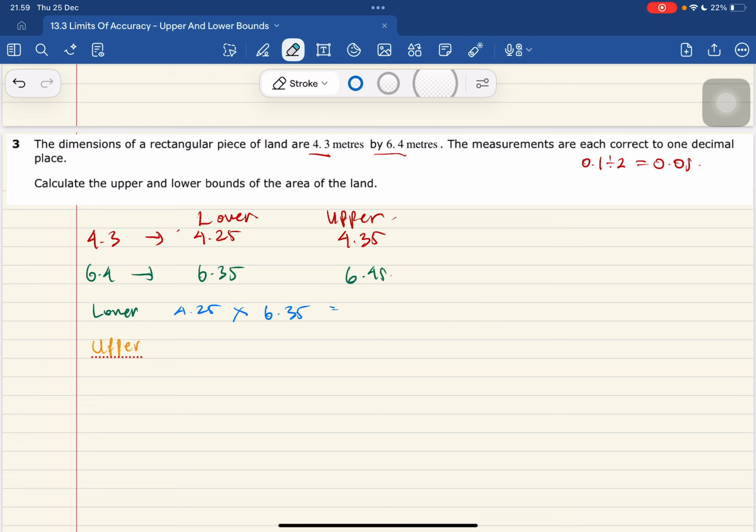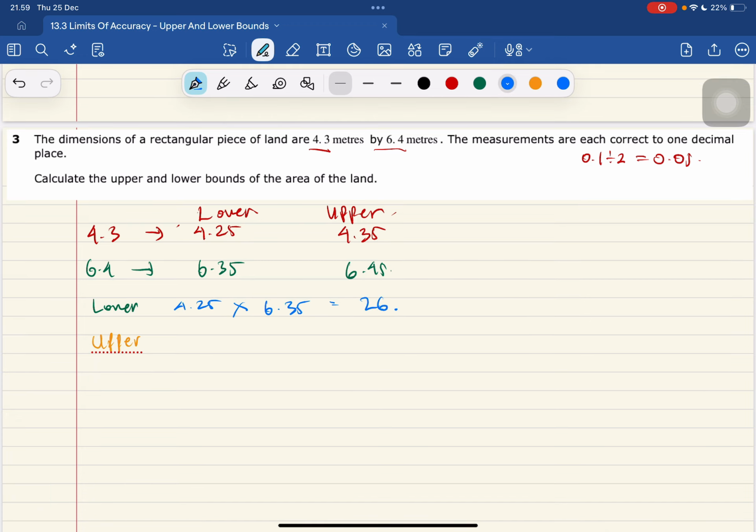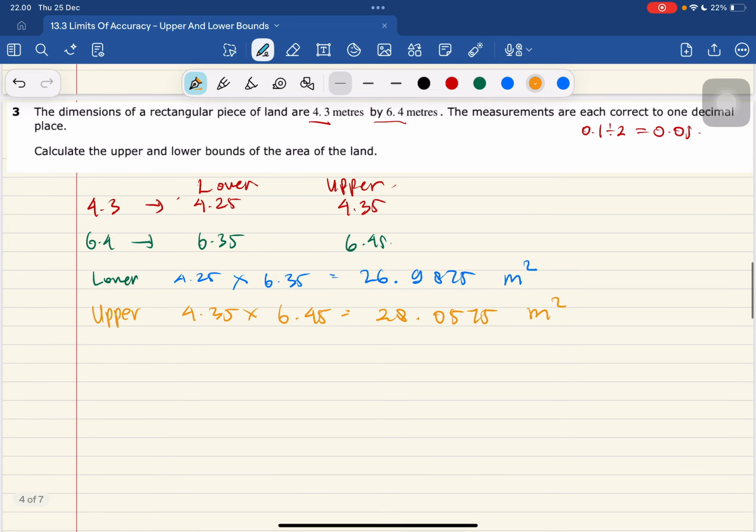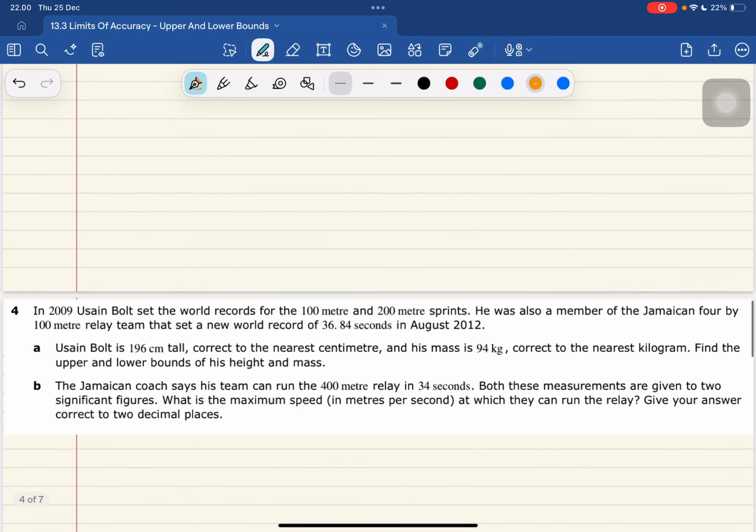Sorry, I miscalculated earlier. And the upper is 4.35 times 6.45, which will give us the answer of 28.0575 meters squared. Okay, there it is. I will continue here in the next video. Thank you.